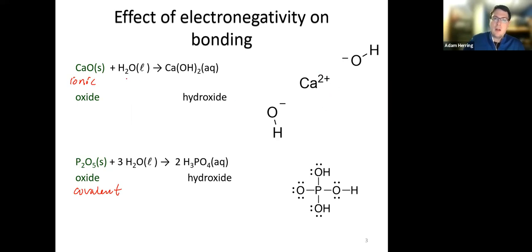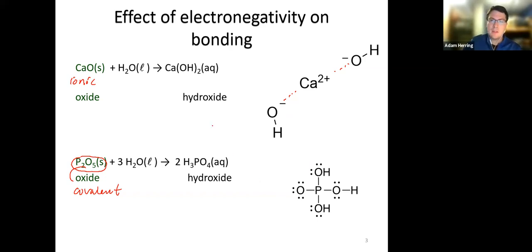By virtue of us having an ionic compound, the product is also an ionic compound. There is an interaction between the calcium ions and the hydroxide ions, but each of those species retains its own charge. Whereas when we have our non-metal, covalently bound compounds, those retain their covalent nature.